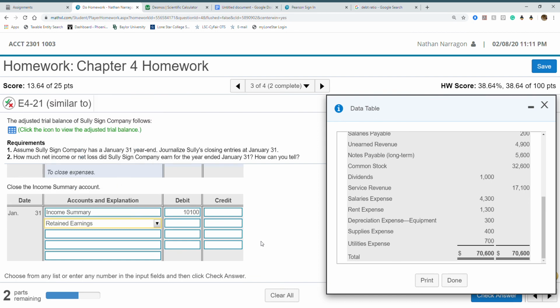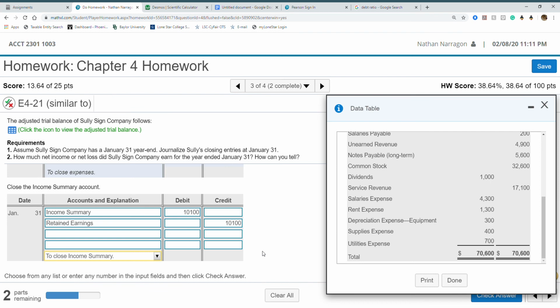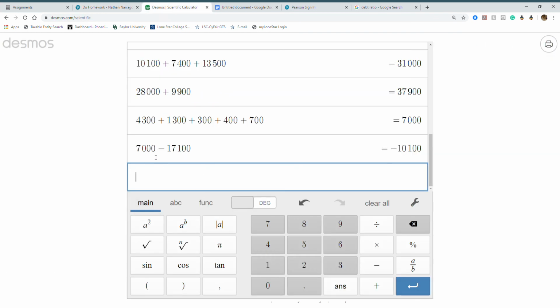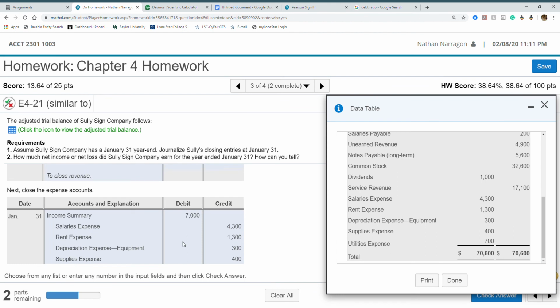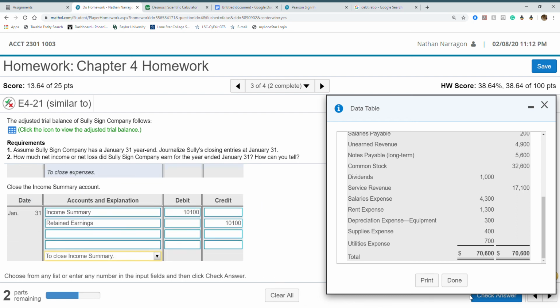Then we're going to credit retained earnings for the same amount. Again, this is just adding the net income into retained earnings. Nothing too bad. So subtract your credit from your debit: 7,000 minus 17,100. If it comes out negative, we're going to have to debit income summary. If it comes out positive, we're going to have to credit income summary. That's a little bit easier way to think of it.